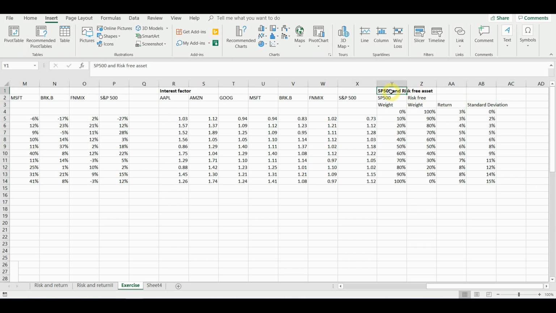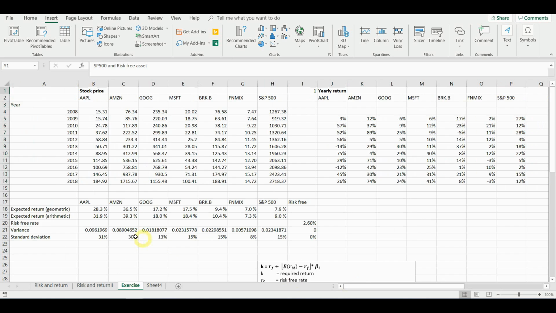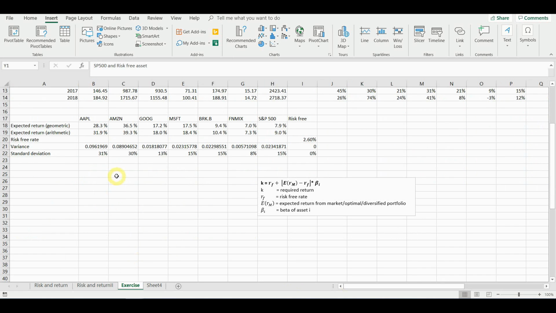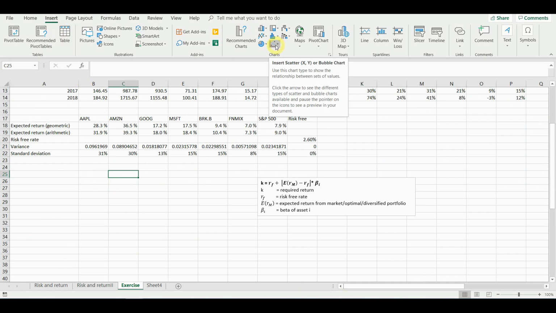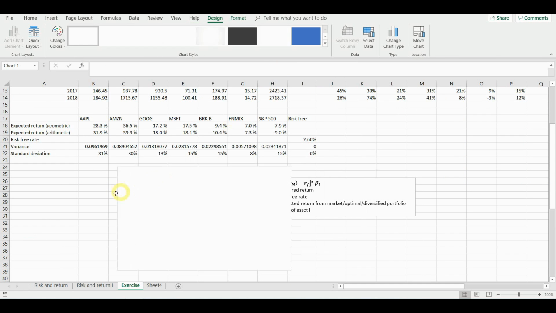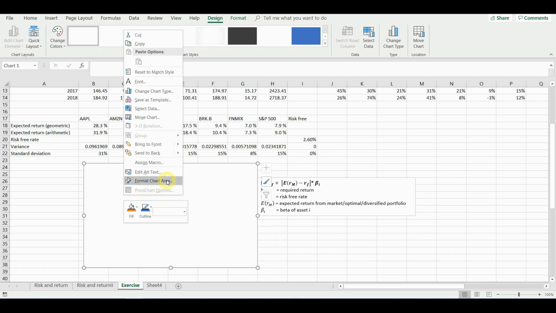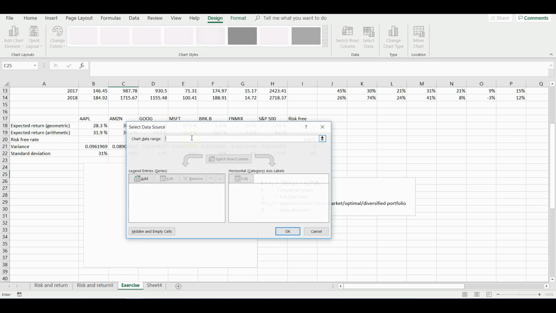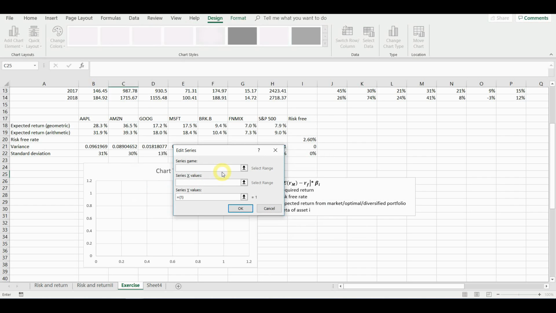We will insert the data into a graph. Here. Insert. Scatter. This one. Select data, add CML.